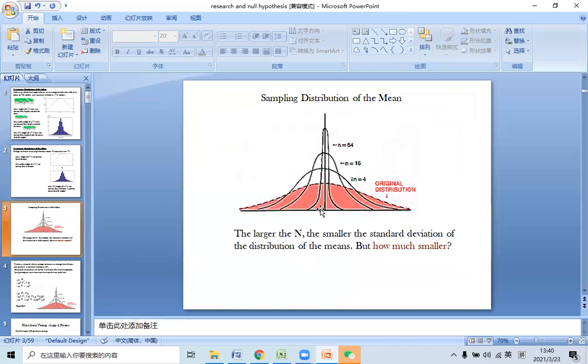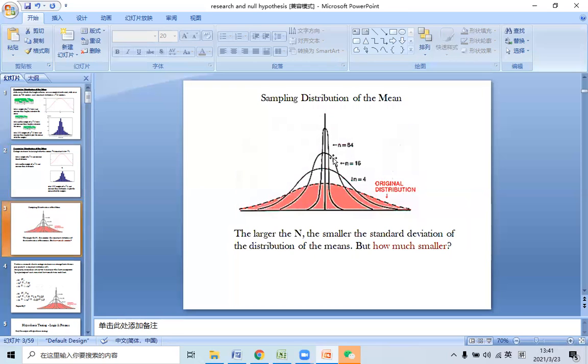This one shows the fat curve. The dotted line is the original distribution. This is the distribution of individuals, individual trees, individual persons, and it has a larger standard deviation.